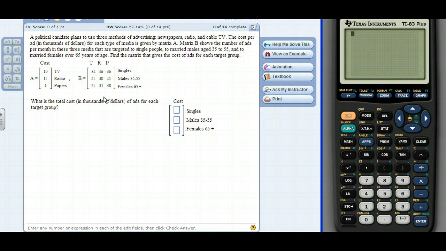They want total cost. Well, how do you determine total costs? If they ran 32 television ads at $10 each, how do I compute that?